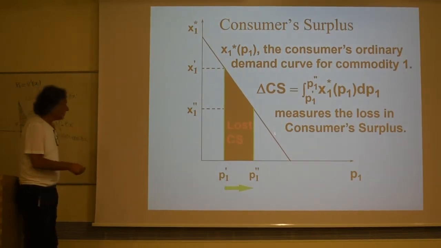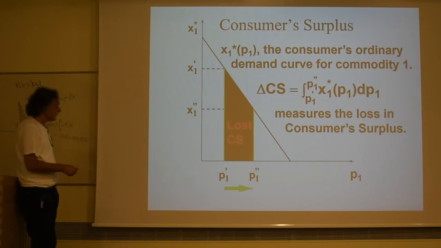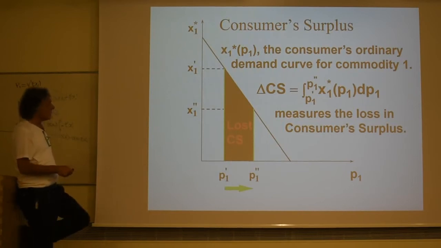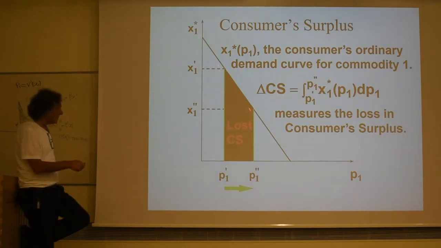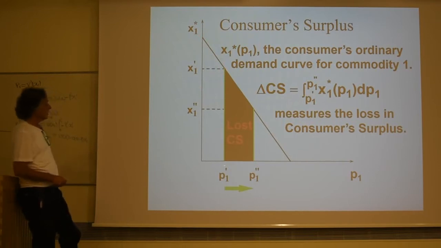So I invert it, you just invert, and then going from here to here, I have to take the area. This is now the demand, not the inverse demand. And I move from P1 prime to P1 double prime. The area is then the consumer surplus under P1 prime, okay?